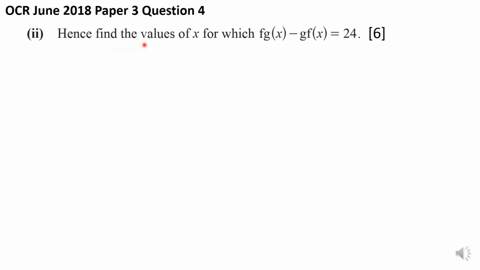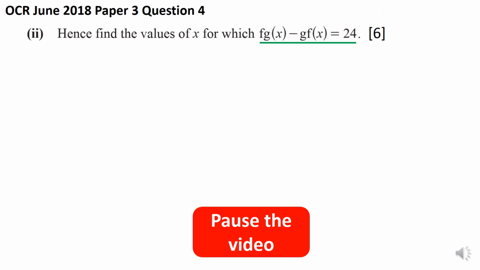Part 2 reads, hence find the values of x for which f of g of x minus g of f of x equals 24. And it's a 6 marker. So why don't you pause the video, have a go, and then I will go over it.